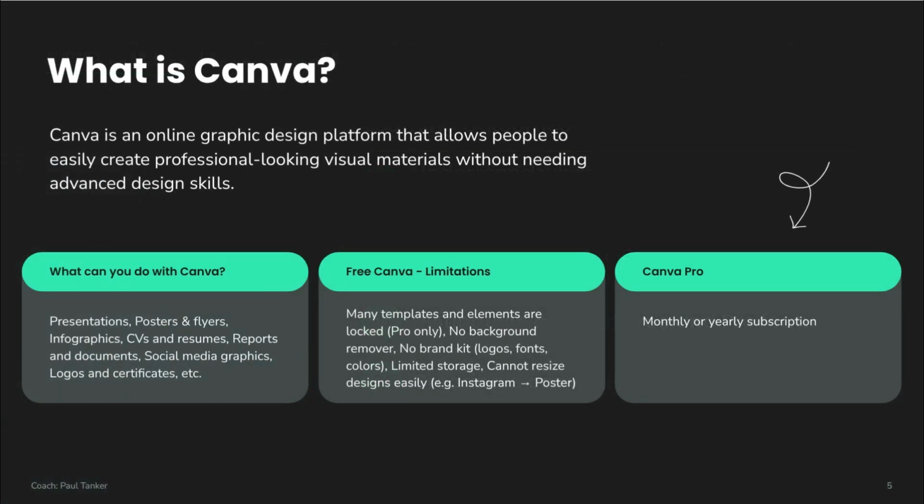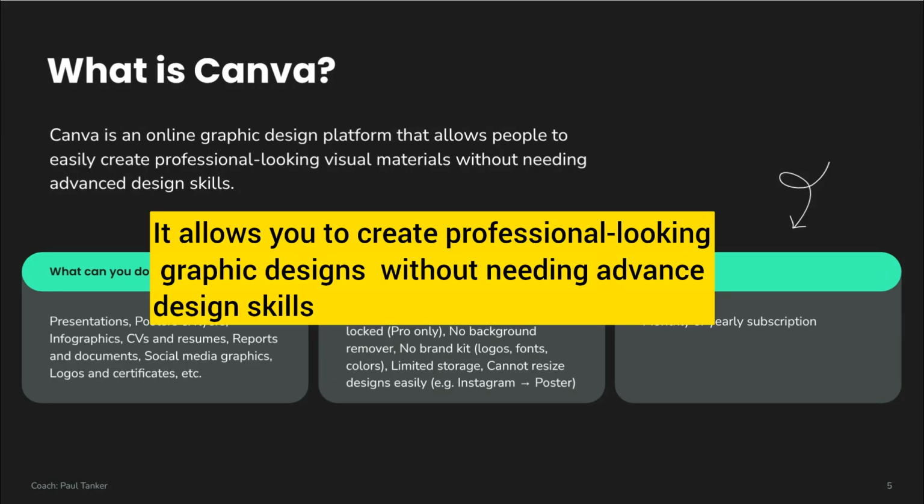Canva is an online graphic designing platform that allows people to easily create professional looking visual materials without needing advanced design skills. So the key point there is it allows you to create professional looking graphic designs without needing advanced design skills.